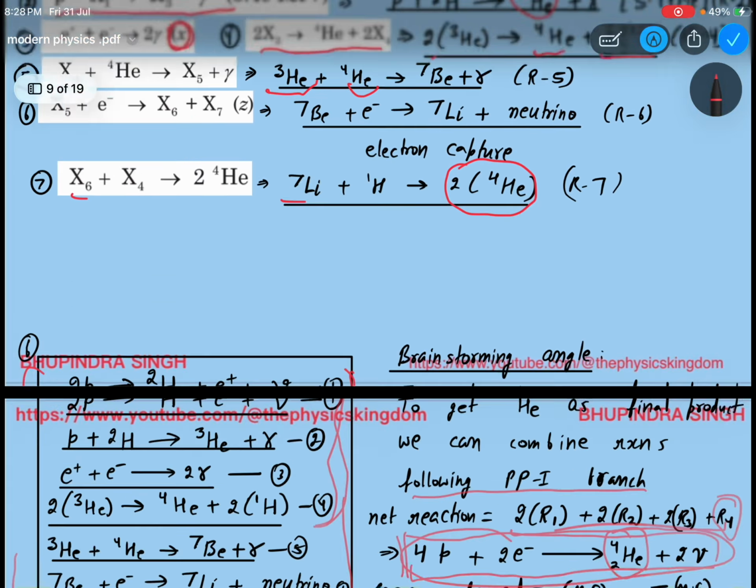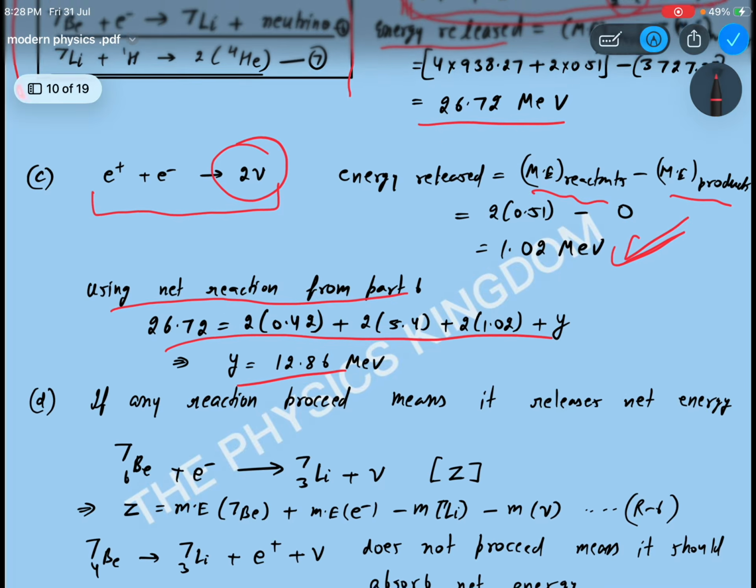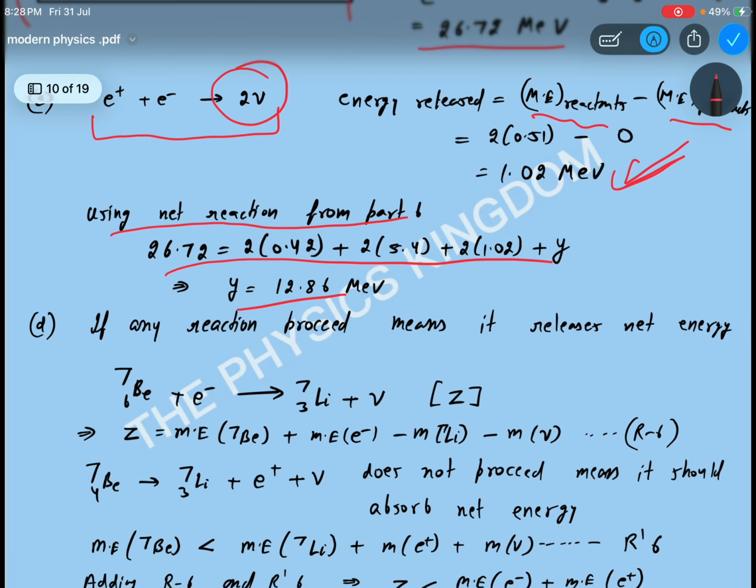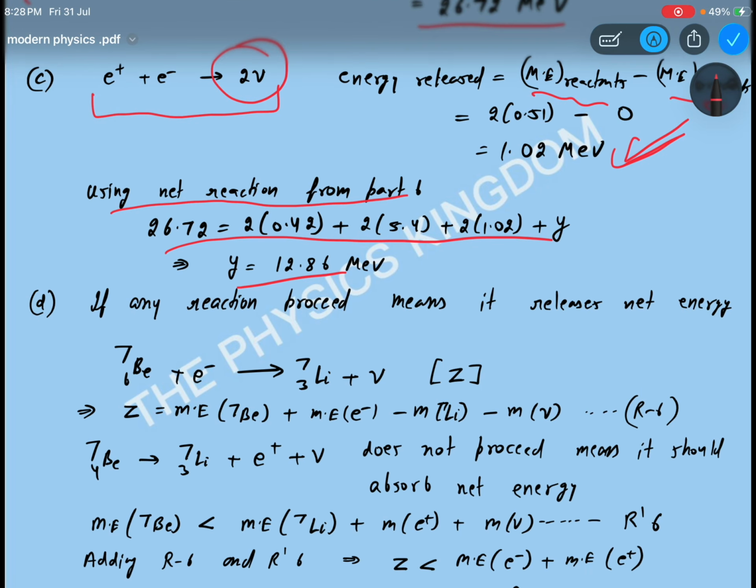Now we know why a reaction cannot take place. First of all, any reaction can proceed when it releases net energy, meaning an exothermic reaction. When we have an endothermic reaction, then obviously we need energy, so it is not a favorable reaction, and it is less likely to proceed.